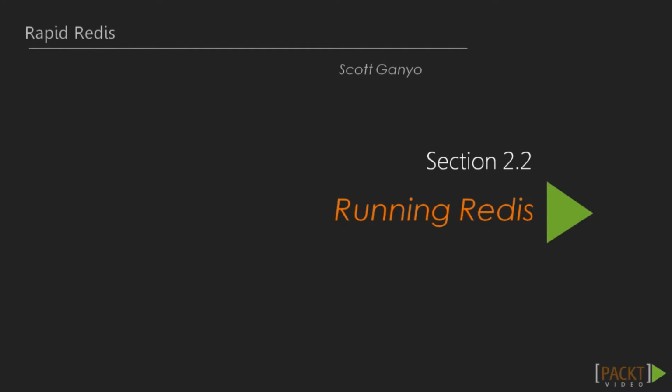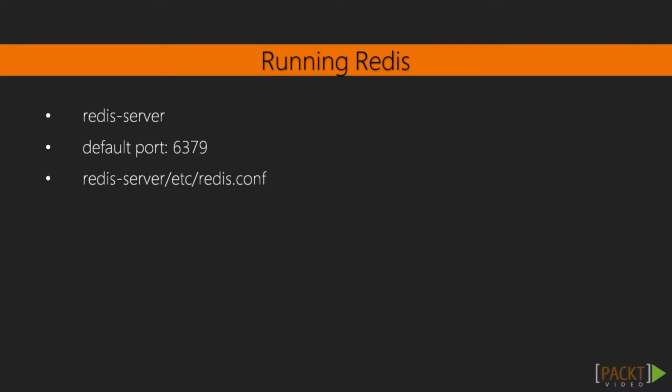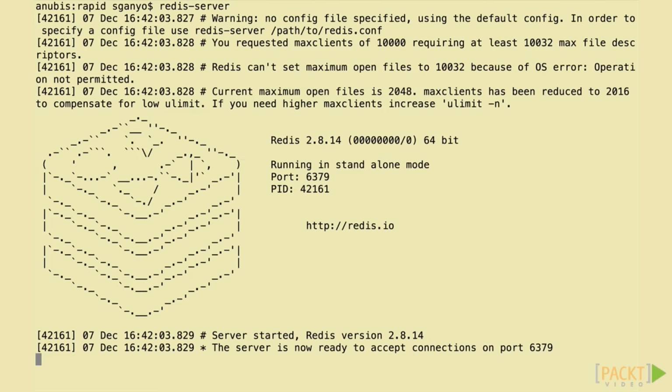Running Redis. So now that you have Redis all installed on your system, we'd like to run it. And the command is as simple as just typing redis-server. As you can see here, we type redis-server, and you get a little banner.